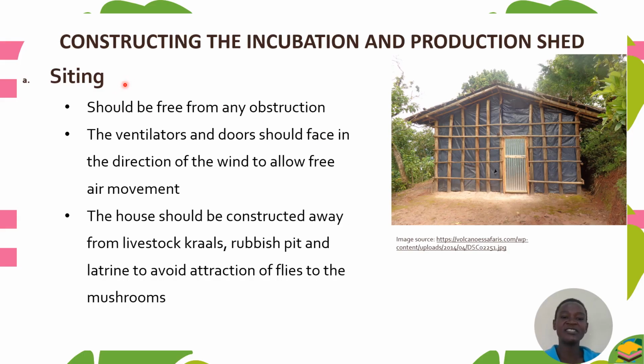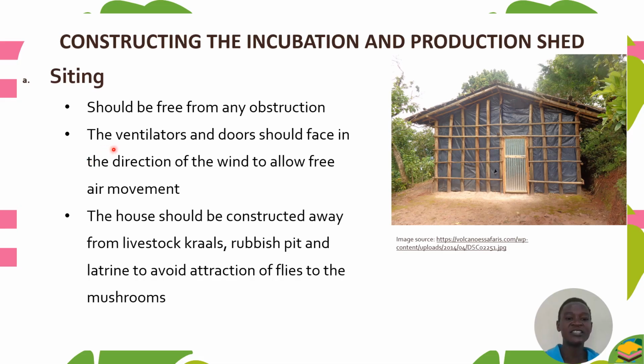So when you are constructing, we need to consider siting. And remember, we mentioned that this should be free from any obstruction. We mentioned that it should be near the dense forest, but not under the dense forest, with no obstruction.